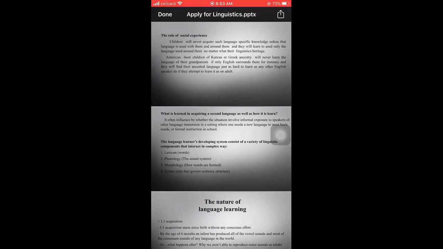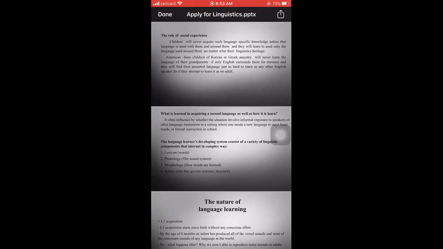The role of social experience: children will never acquire sign language specific knowledge unless that language is used with them and around them, and they will learn to use only the language used around them, no matter what their linguistic heritage.